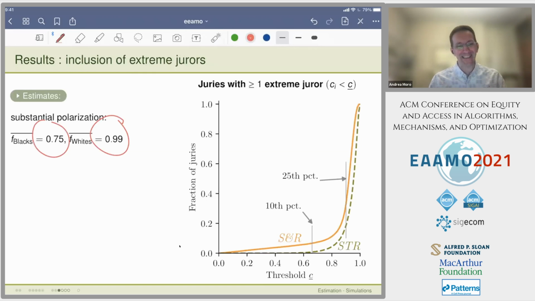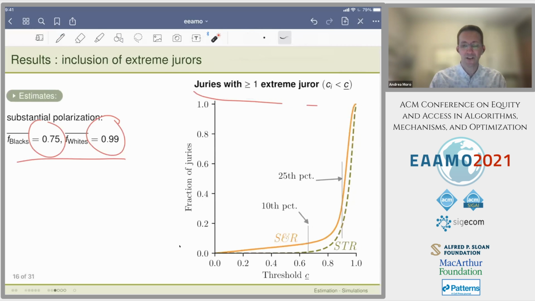So let me show you then under these estimates how these 2 procedures perform, because now we can simulate outcomes from many juries. This chart shows the fraction of juries with extreme jurors, jurors below a certain threshold, and strike and replace will end up including a lot more extreme jurors than struck procedures.